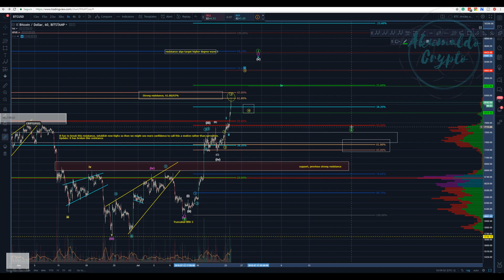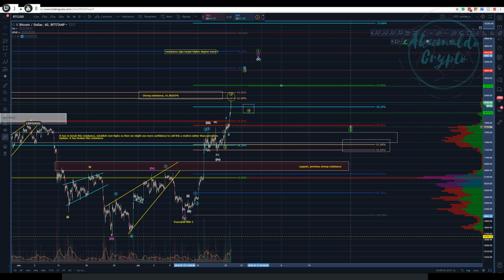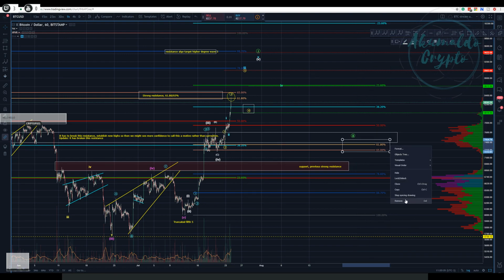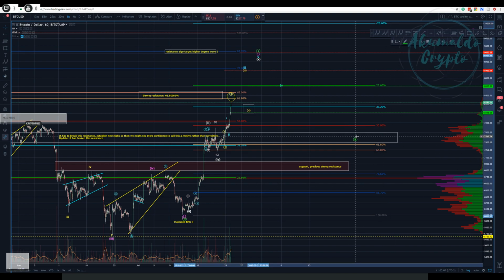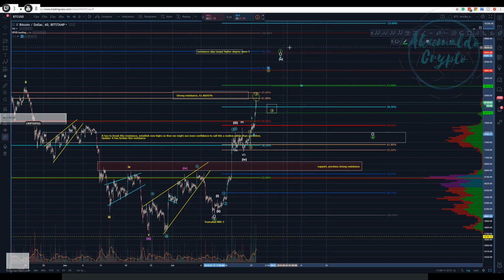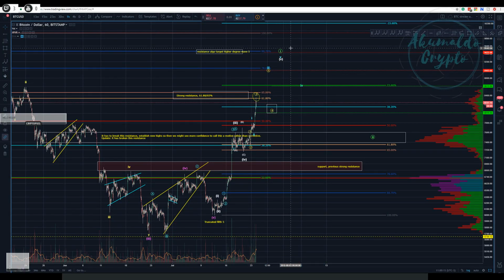So somewhere around 7700, perhaps 7500, 74. This is what I see for the Bitcoin, this level here, if we finish here and, of course, if we continue going up.